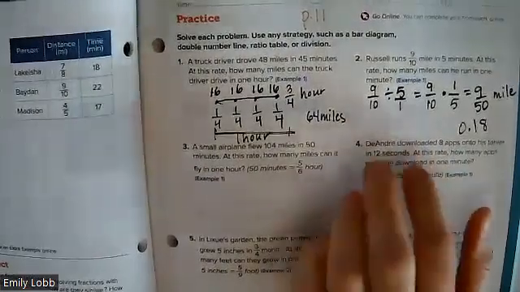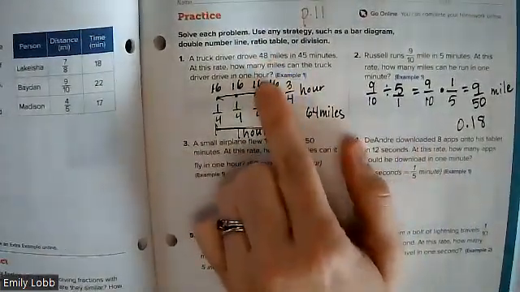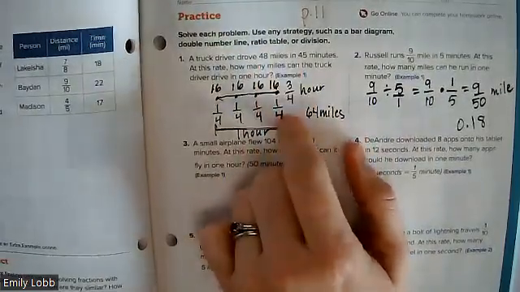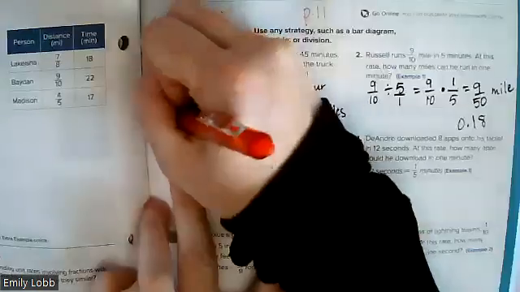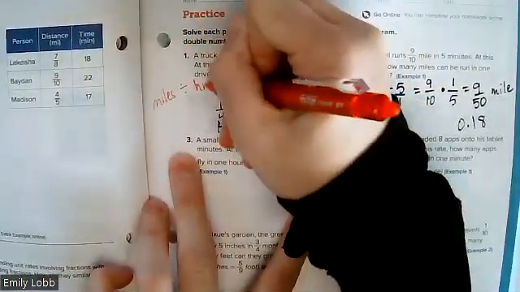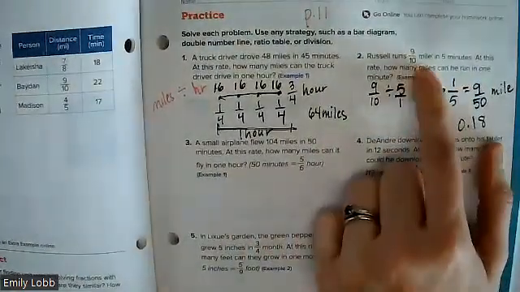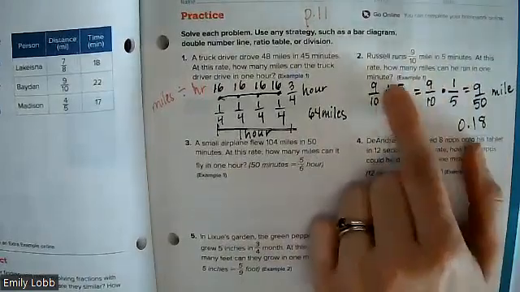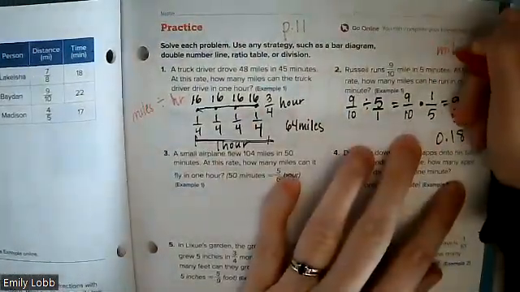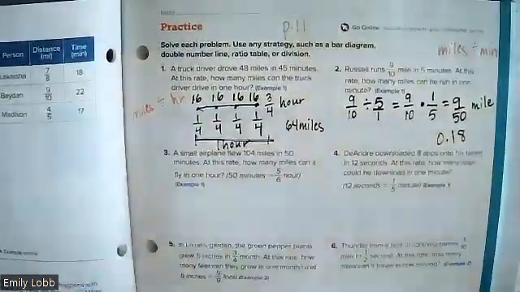So yesterday we talked about when we have miles per hour. Remember, we would take miles and divide it by the hour. So here we said miles divided by the hour. Then when they wanted to figure out miles in 1 minute, we had to take miles and divide it by the minutes.